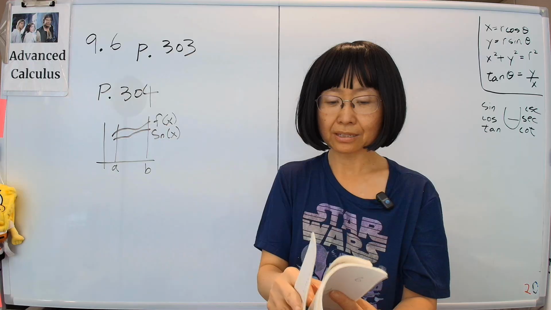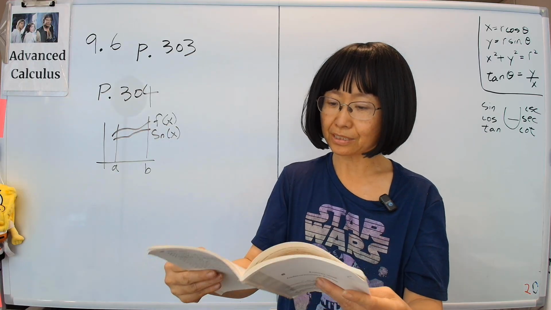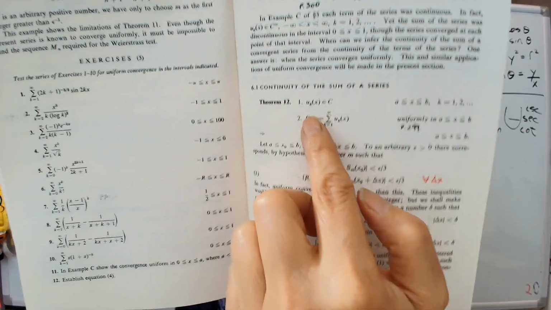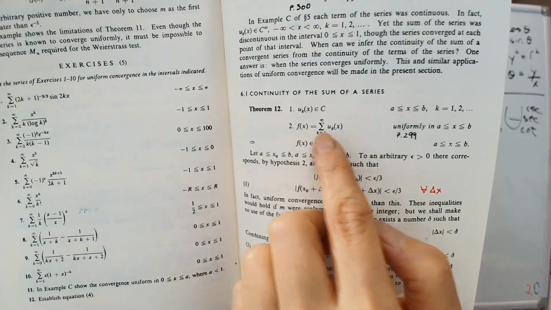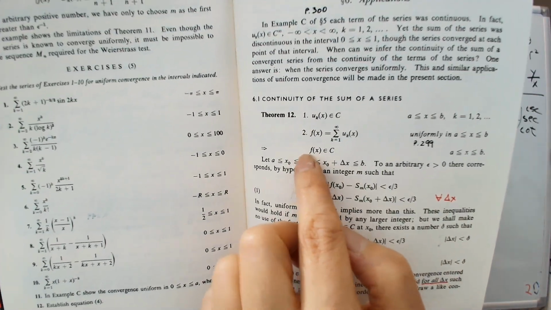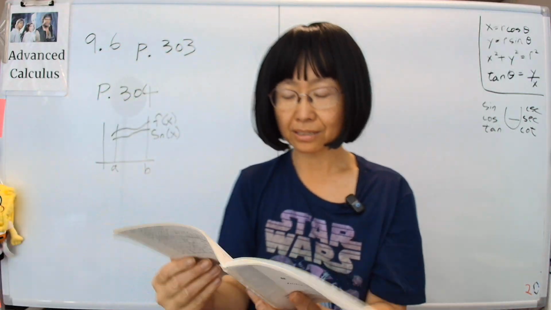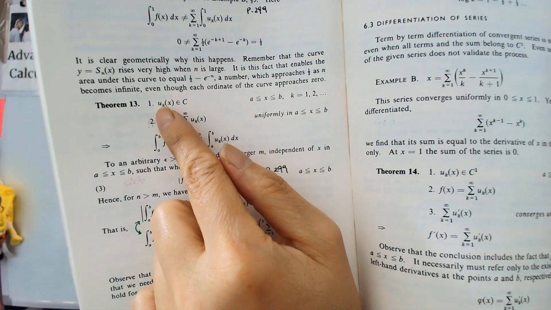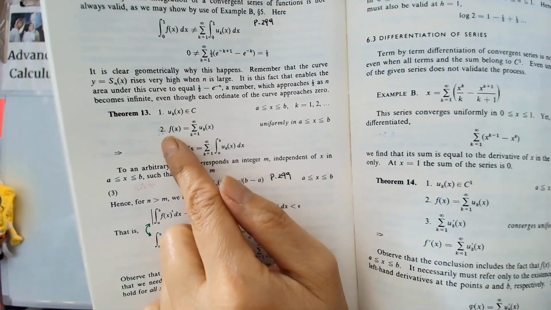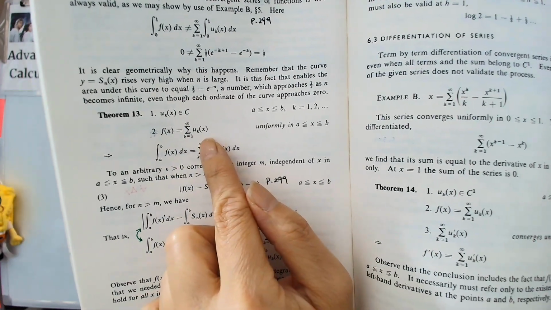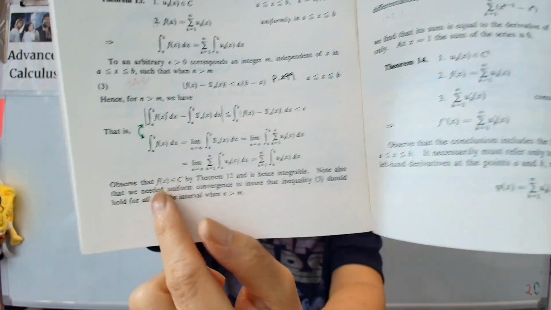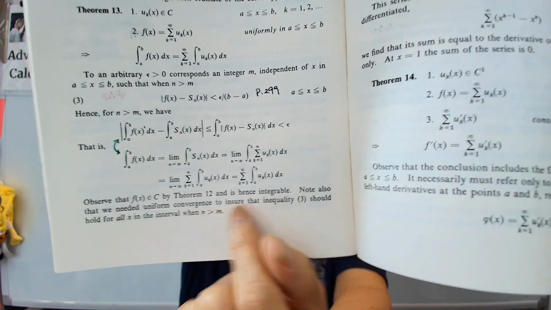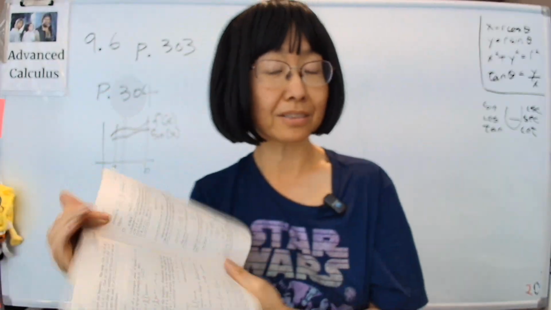The reason it's continuous is because of the theorem we just proved, theorem 12, which states that if you have a bunch of continuous functions and it uniformly converges to something, then the result is continuous, and that's what we have right here. The uk of x are a bunch of continuous functions. f is the result of uniform convergence, and therefore f is continuous as well. And if it's continuous, it's integrable, and nothing weird is going to happen.